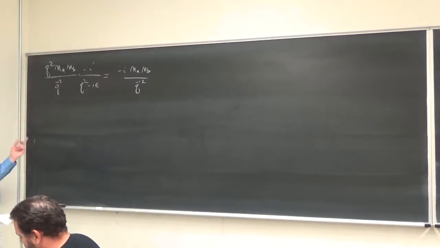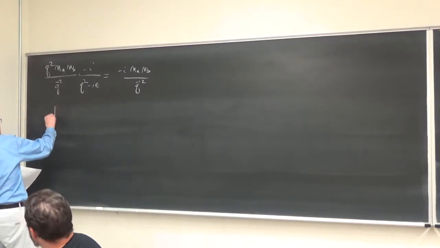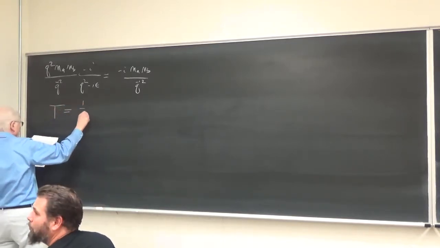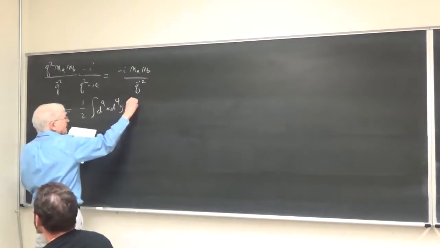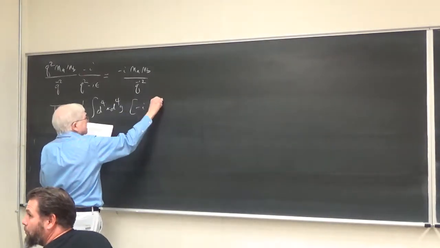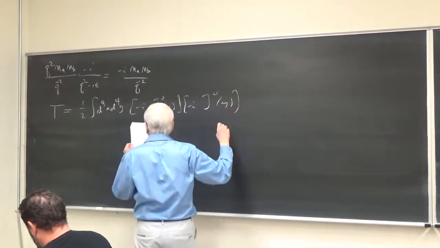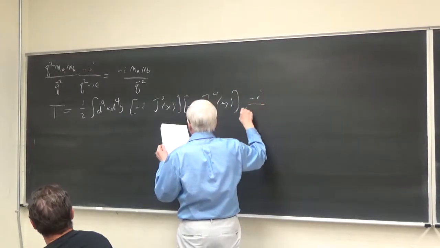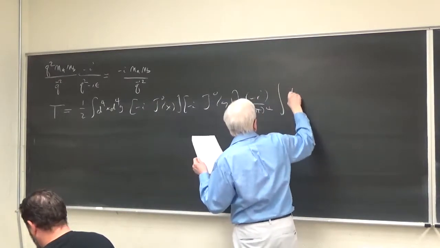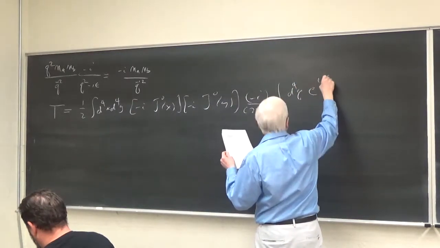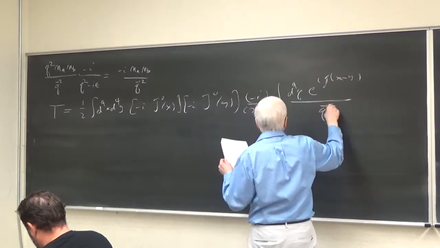So what does this give in the S matrix? Well, it gives the following term: a 1/2 integral d⁴x d⁴y, with minus i j0(x) minus i j0(y), times minus i over (2π)⁴ integral d⁴q e^{iq(x−y)} over q vector squared.